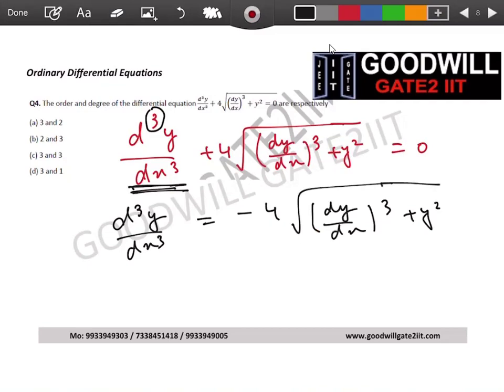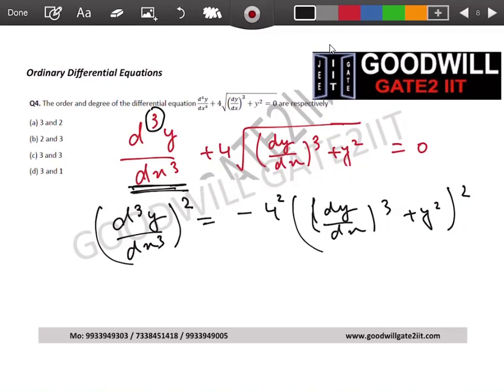Now squaring on both sides, this will become a square and this will become minus 4 square, right? So d cube y by dx cube is of order 3, which I can tell without even removing the radical.